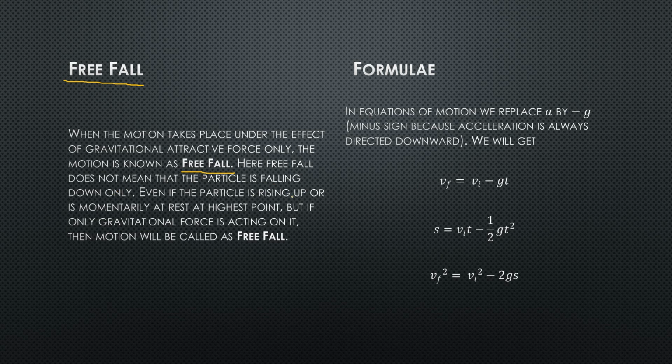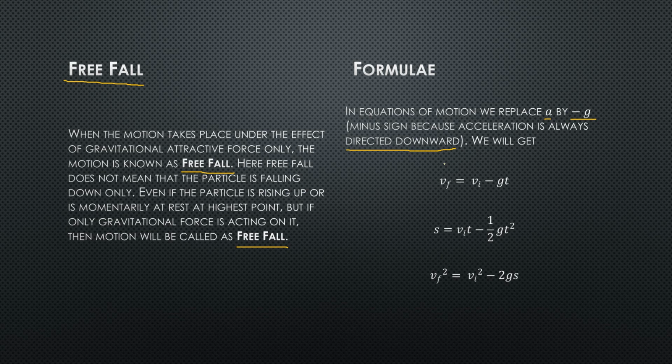Even if the particle is rising up or is momentarily at rest at the highest position, if only gravitational force is acting on it, the motion is called free fall. In the equations of motion, we replace acceleration by negative g, the acceleration due to gravity, with a minus sign, because acceleration is always directed downward based on the sign convention.